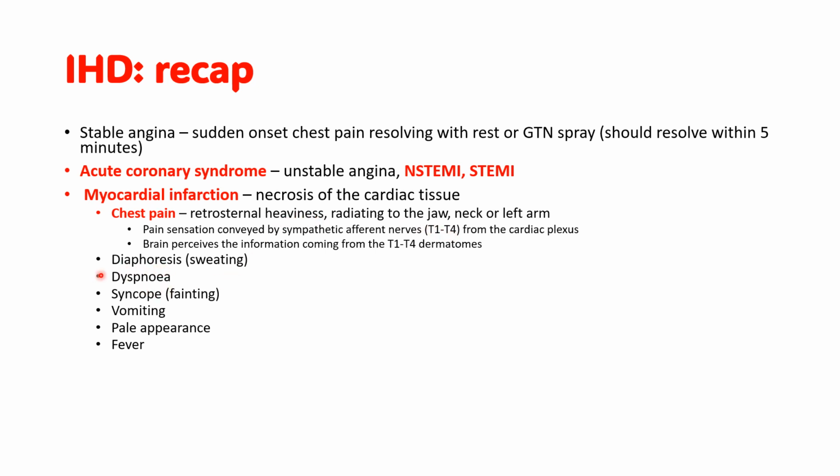Then other symptoms we have include diaphoresis, which is sweating. This is essentially because when someone has an MI, they have a reduced stroke volume and cardiac output, and then there's reflex activation of the sympathetic nervous system. Patients can present with dyspnea or difficulty breathing.